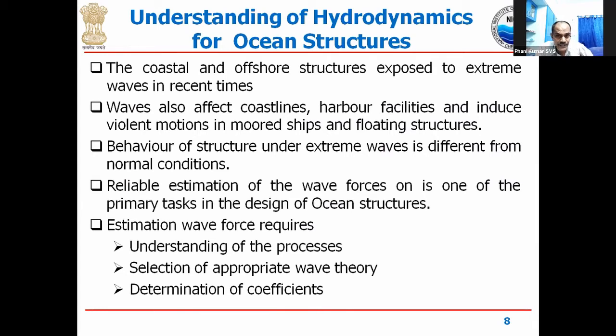Basically, coastal and offshore structures are exposed to extreme waves, and because of climate change, these wave patterns are also changing. So we'll be saying that a certain coast is constantly eroding, but in a different area, we may have accretion. Waves also affect coastlines and harbor facilities, and induce violent motions for moored ships and floating structures, which in turn become secondary loads for breakwaters or piers and things like that.